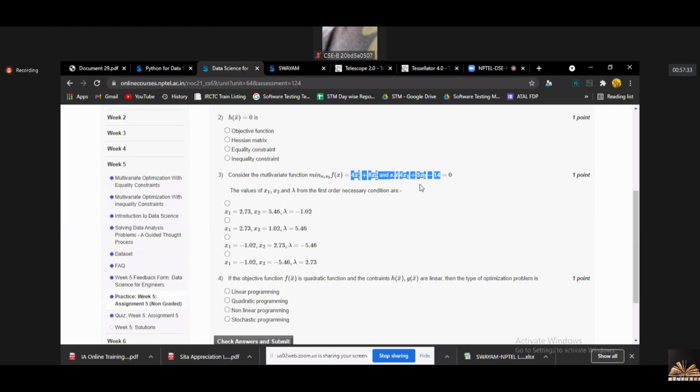Find the values of x1, x2 and lambda with respect to the first order necessary condition. First order necessary condition means the first derivative. So from the given equation, find the first derivative, and from it find the values of x1, x2 and lambda.